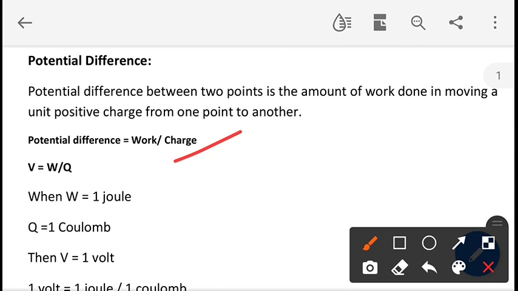So for potential difference I have taken the symbol V, for work W, and for charge capital Q. This formula you keep in your mind, it is important.